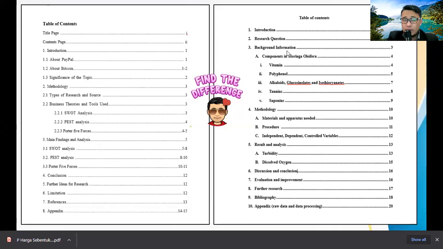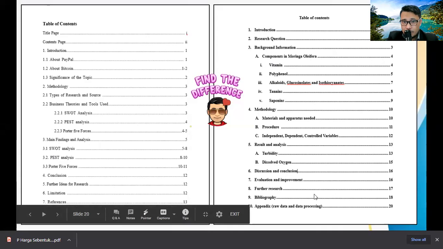While here, background information means the theory, and then methodology, and then result and analysis here, right? And evaluation and improvement is part of this conclusion here. So until page 16 is the main body. That's still fine.